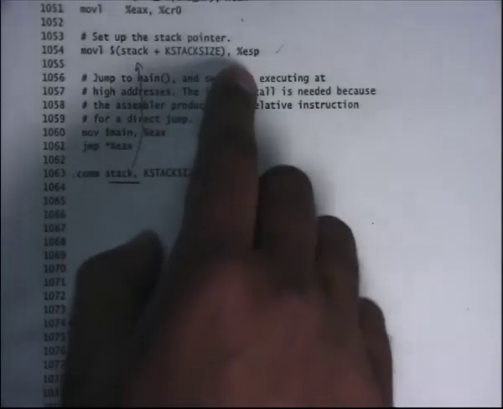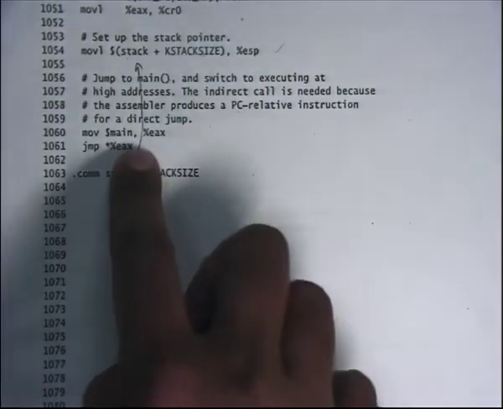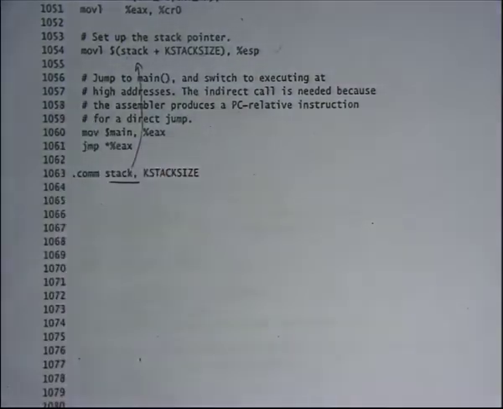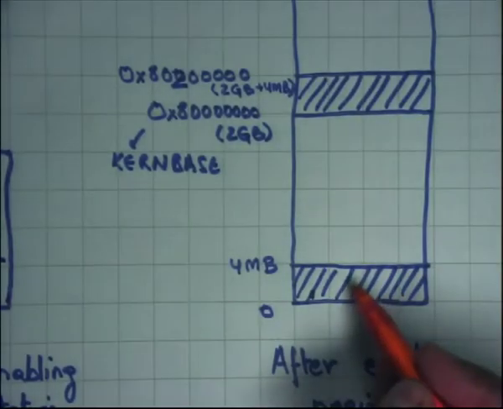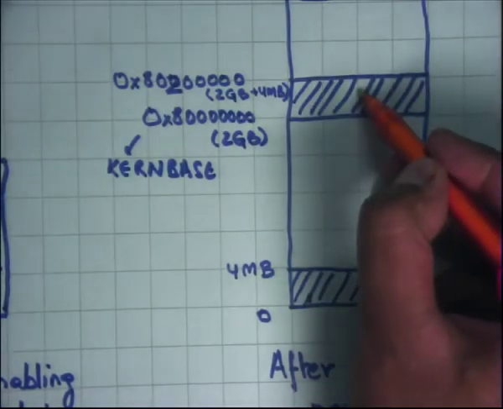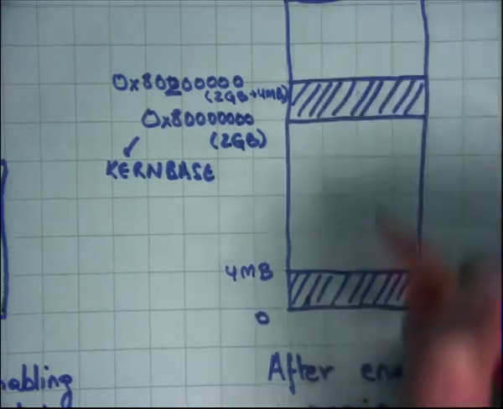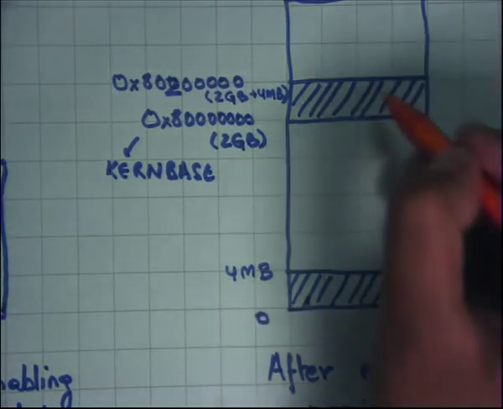So you loaded ESP with a kernel virtual address here appropriately, and here you're going to load the EIP with a kernel virtual address. So far my EIP and ESP were pointing somewhere here. I reloaded ESP to point here and it's standing on solid ground, and then I jump to main and once again EIP now points here.